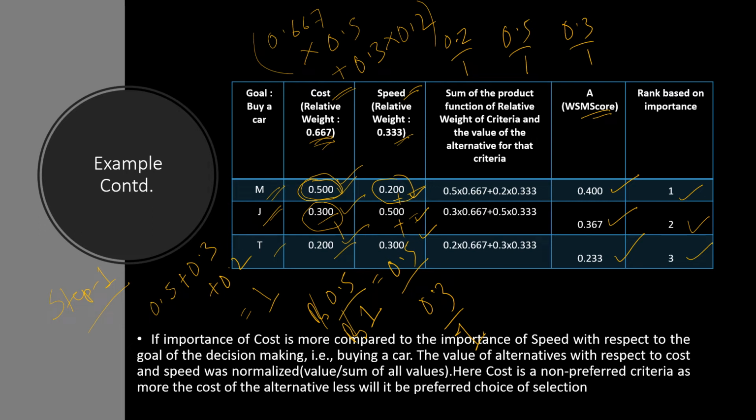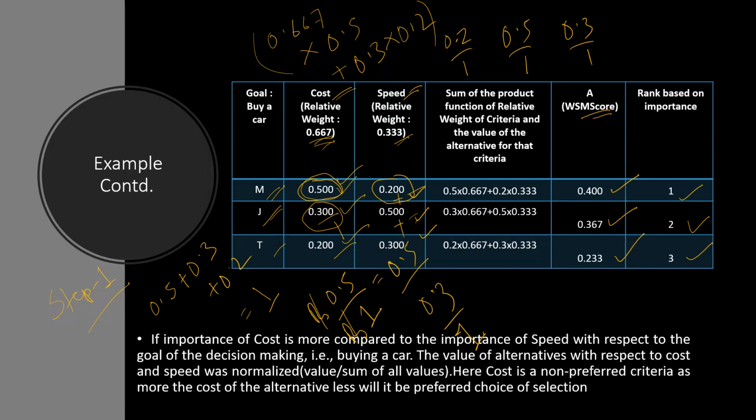Now, one thing you must remember is that there is an anomaly or error in it. You see, in case of cost, the more the cost, the less preferred the alternative will be. Actually, we all look for the lower cost product.